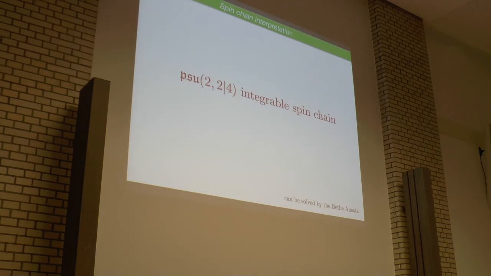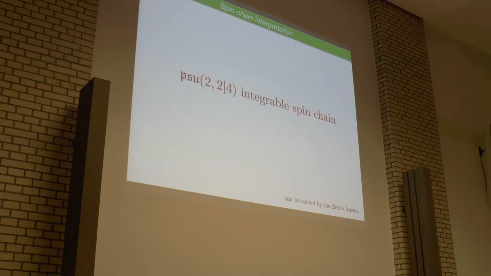SO(6) in my original discussion is isomorphic to SU(4), and this was an SO(6) spin chain, but SO(6) is a subgroup of PSU(2,2|4). So in general, if you allow all possible excitations, then the spin chain which you get is precisely the superconformal group. It means that the polarizations which can sit at a site are excitations of PSU(2,2|4).